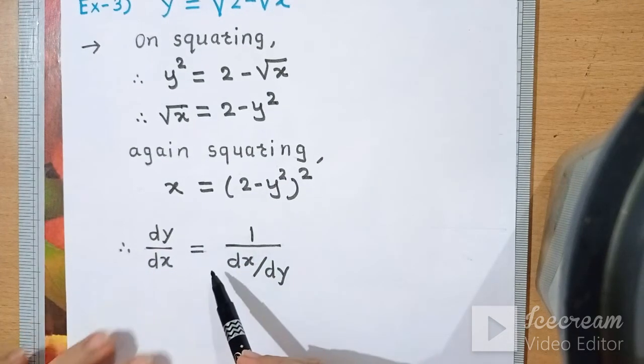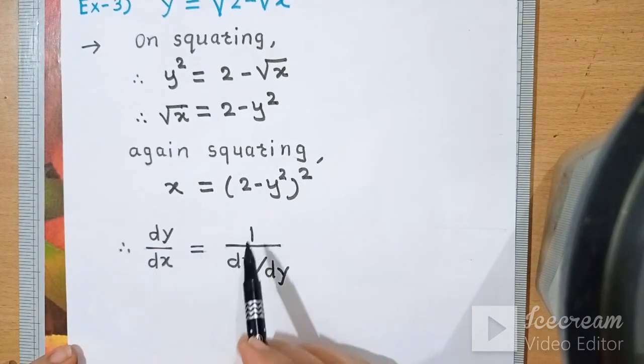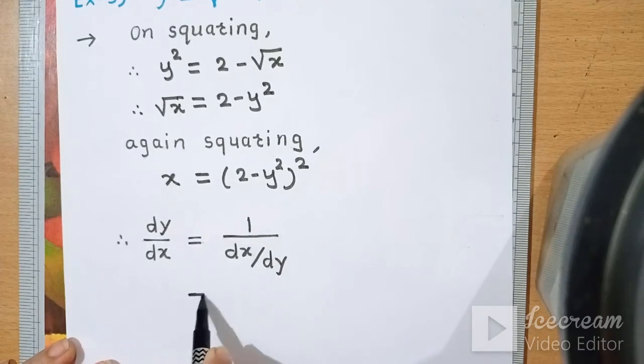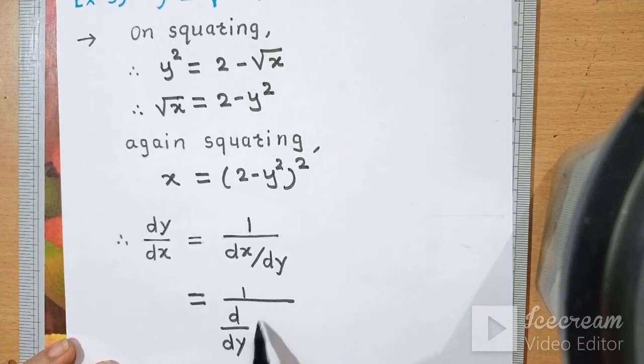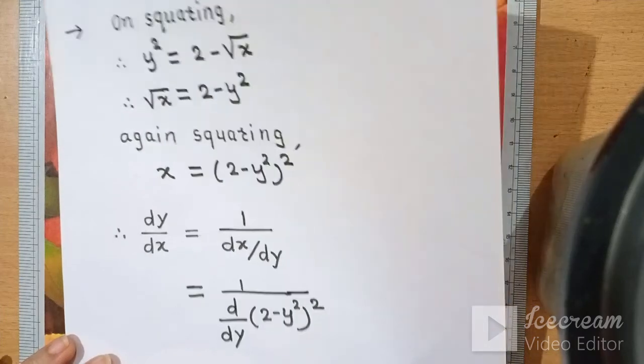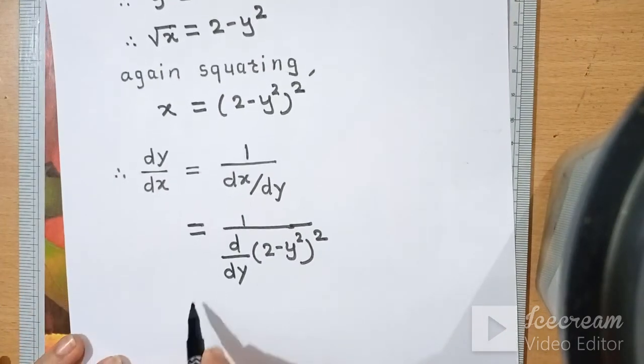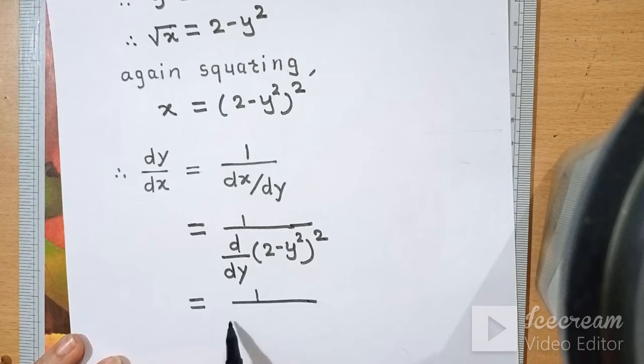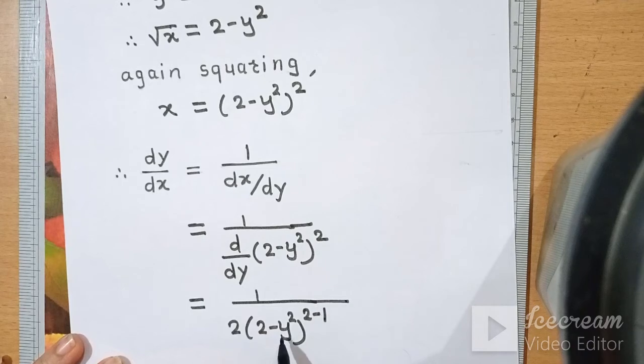Now by our regular formula, dy by dx is equal to 1 upon d by dy of (2 minus y square) whole square. Now here we will use the f(x) raised to n formula, so that is equal to 2, then (2 minus y square) raised to 2 minus 1, and again the derivative of this is minus 2y.